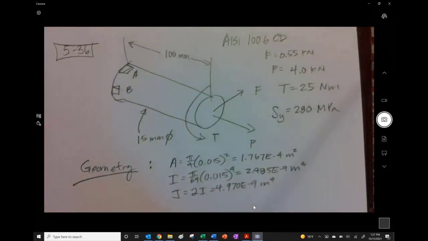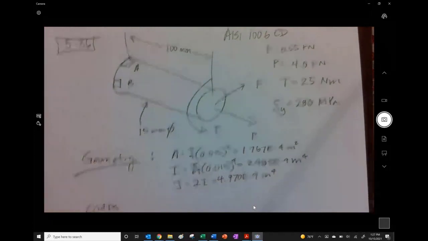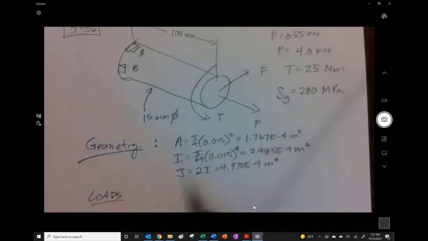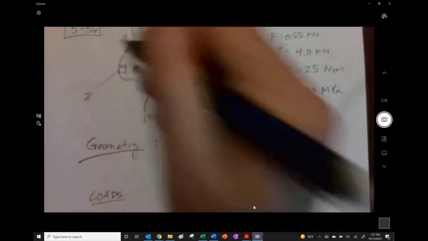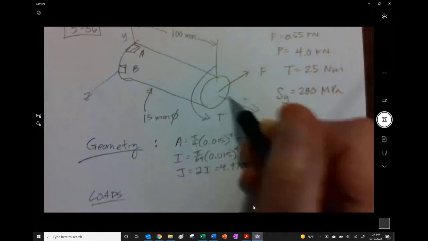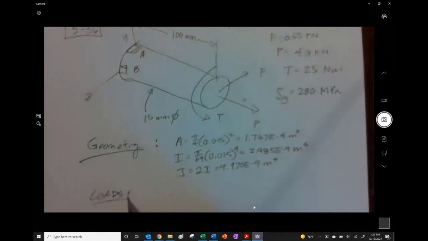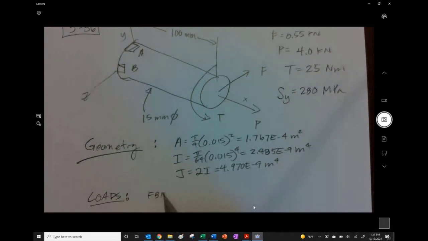To get on the load side of things, it's almost a little ridiculous to do this, but hell, we should always do the right thing, right? And that's the z-axis, and that's the y-axis, and this is the x-axis going that way. So we will make an itty-bitty FBD, even though that's completely unnecessary.